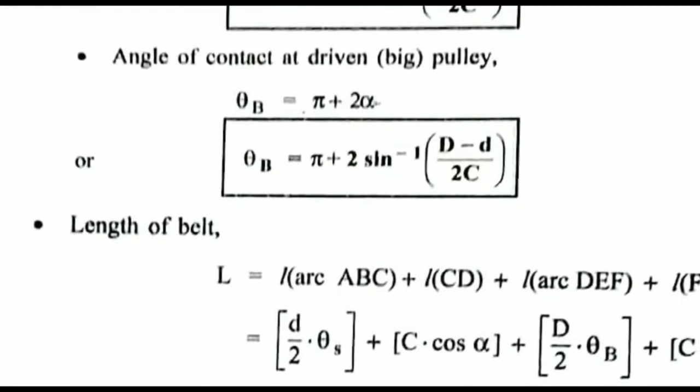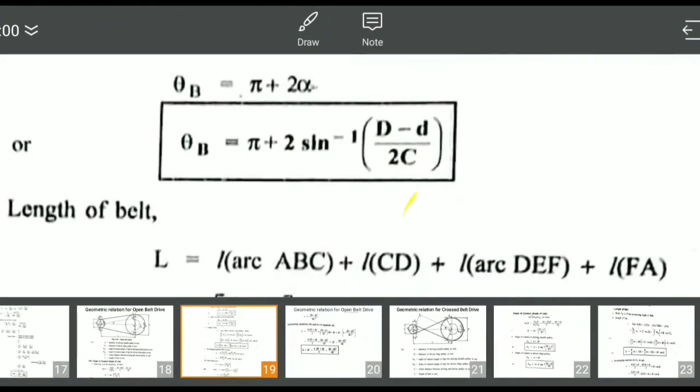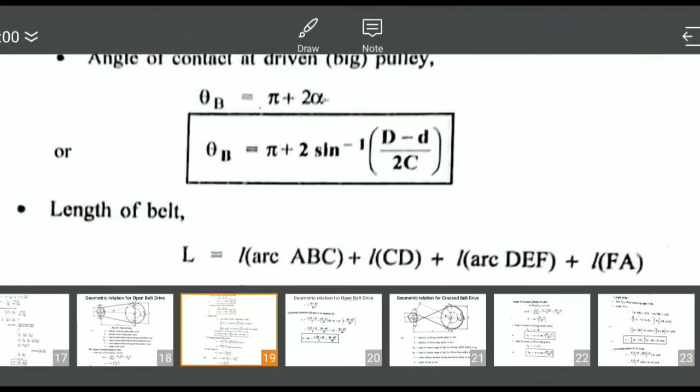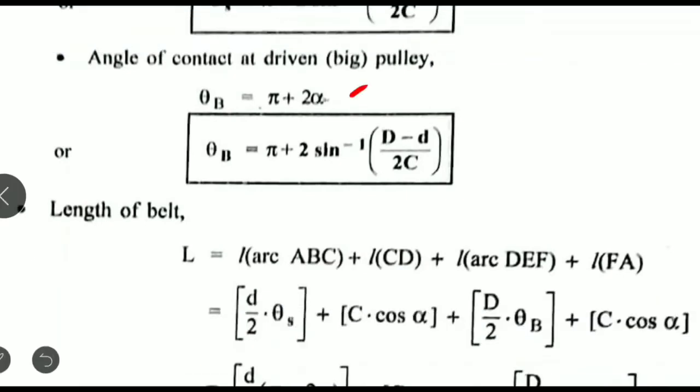Pi plus 2 alpha, where 2 alpha is nothing but 2 into sine inverse of the same value. So here we get the angle of contact for the smaller pulley as well as for the bigger pulley. Now we'll go toward the length, which is our direct outcome.